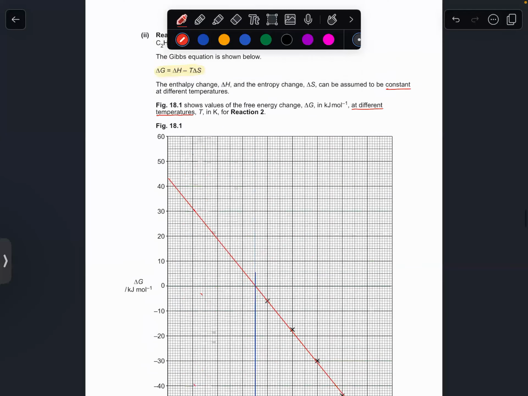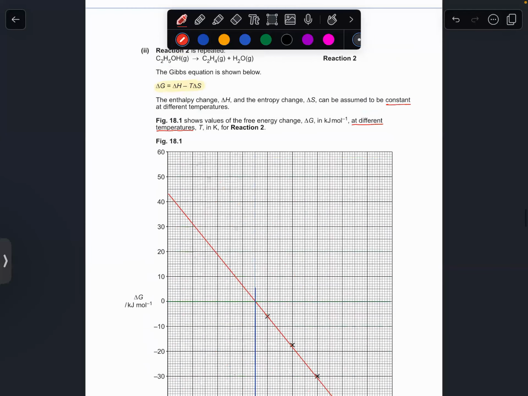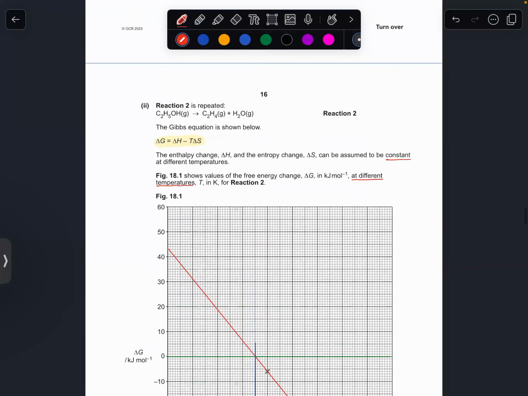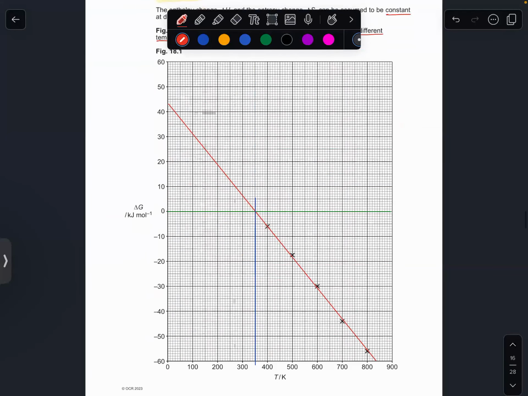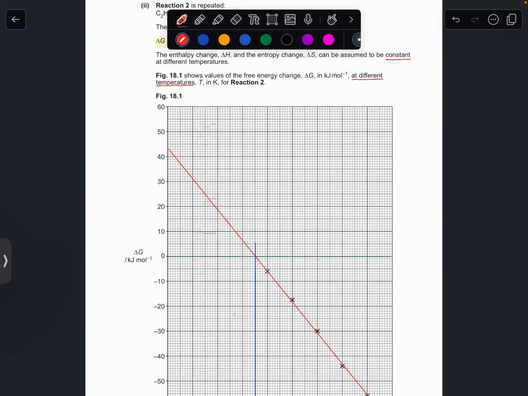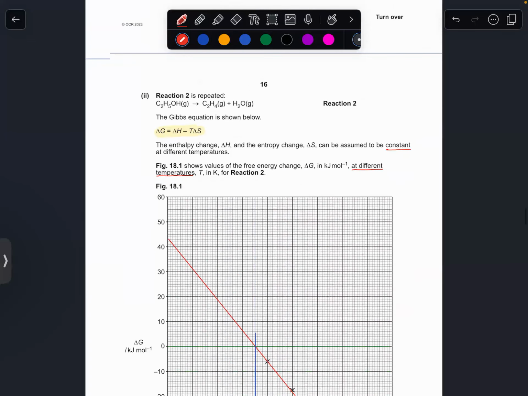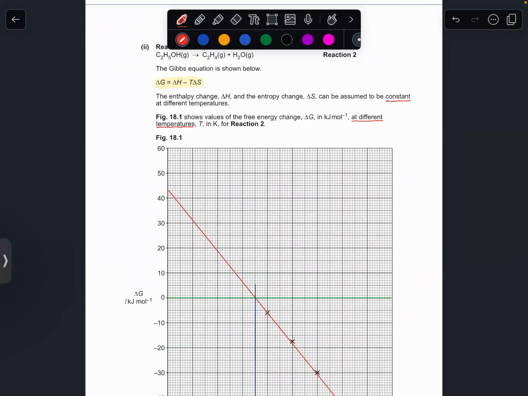I'm like a deer in headlights because from the graph, it's saying delta G, T delta S, delta H divided by T, and I'm not sure why the gradient represents the entropy change. What's going on here? The entropy change can be assumed to be constant at different temperatures. We've got the temperature.